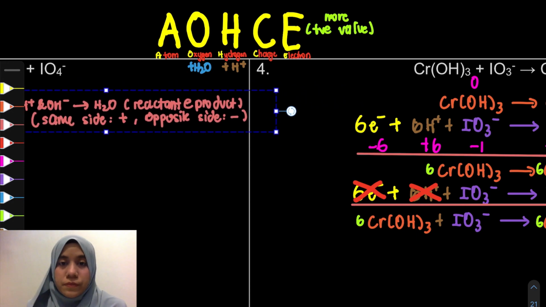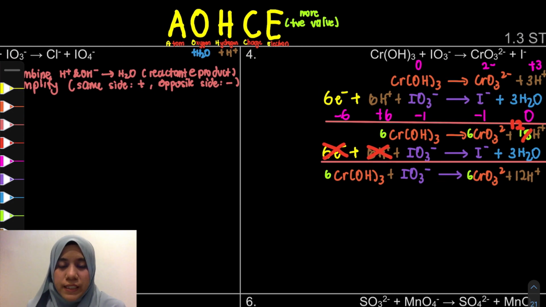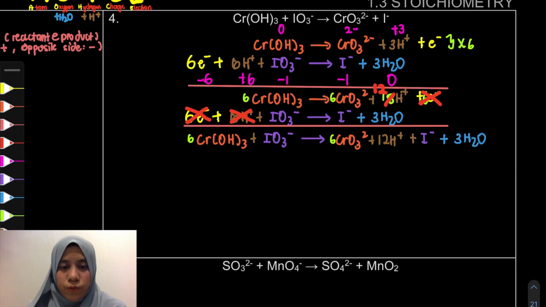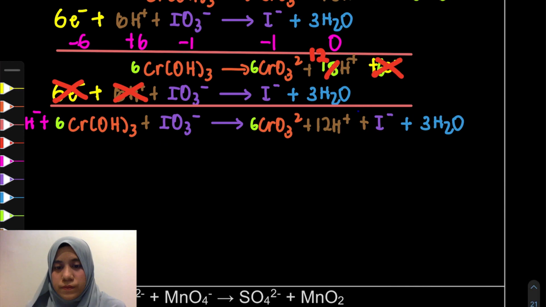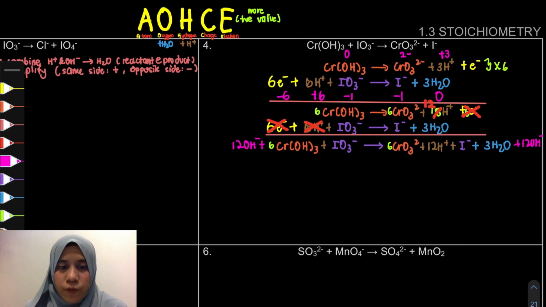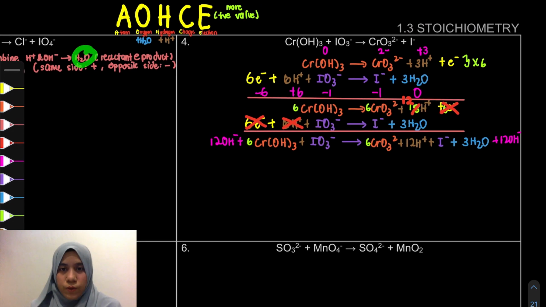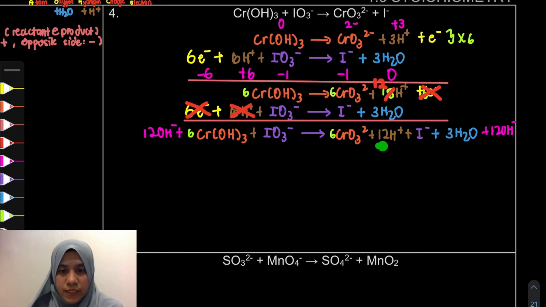So what we're going to do next is add 12 OH- on both sides. Right now, we're going to simplify where possible. We're going to combine H plus with OH minus. Where we add H plus with OH minus, it becomes 12 H2O.